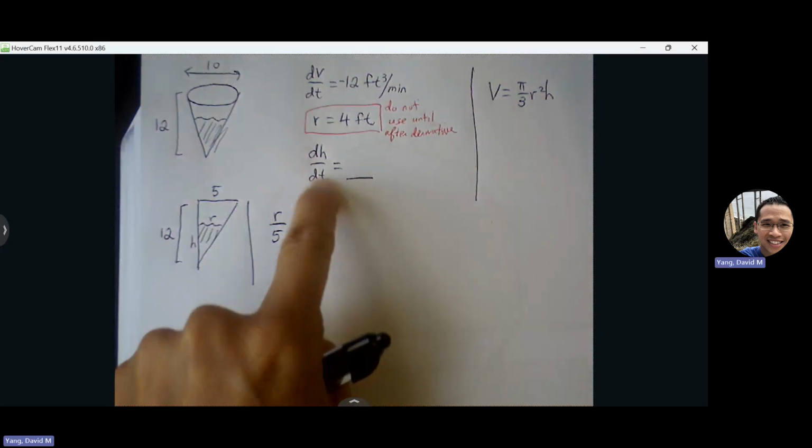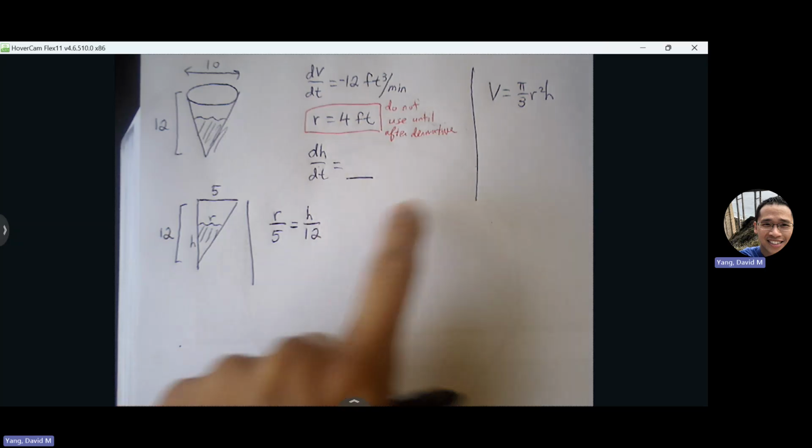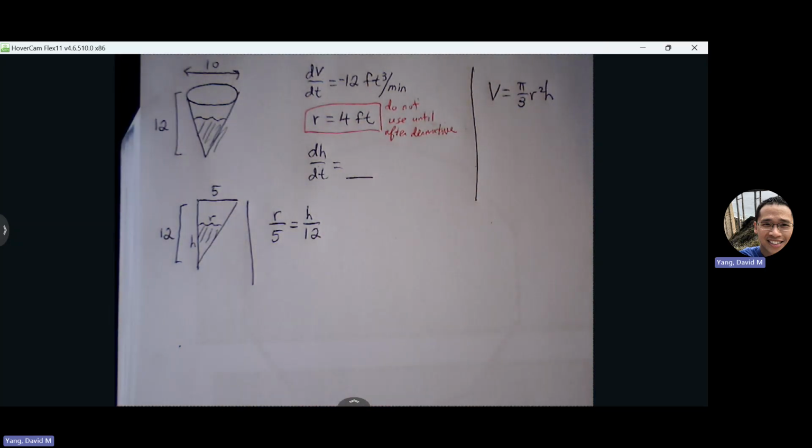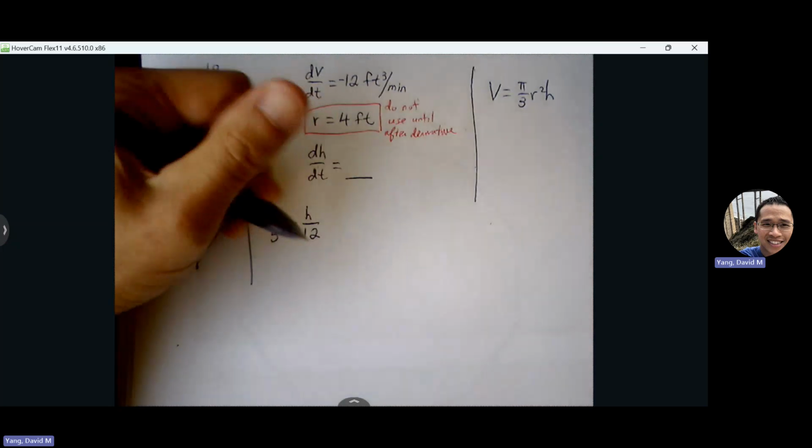So we're looking for dh/dt. So we would like to get our equation in terms of h so that dh/dt will just naturally show up in our derivative.